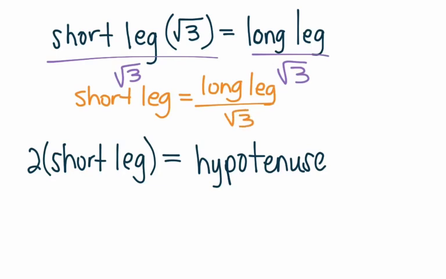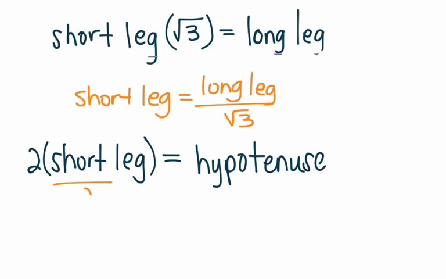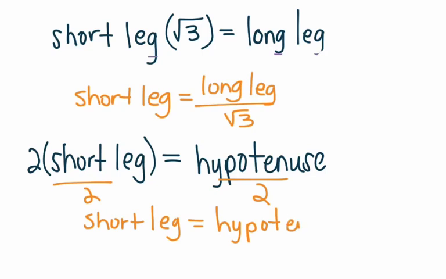Okay, I'm going to clean this up a little bit so we don't get confused with too many lines. And then same thing for the bottom. You can divide both pieces by 2. Okay, so if you're working with the hypotenuse, you need to go to short leg. So short leg is equal to the hypotenuse divided by 2.